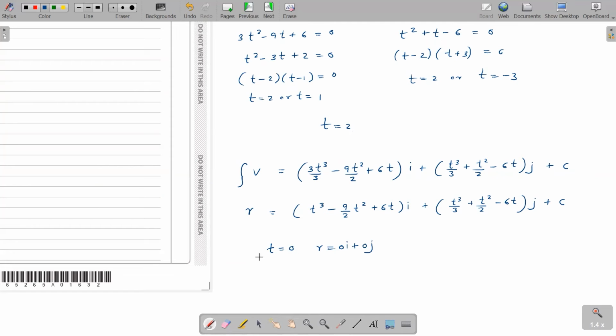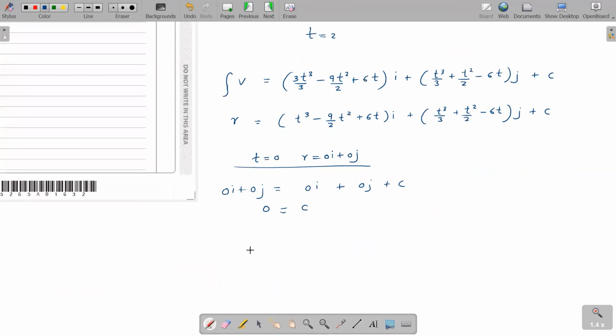Are you with me? Let's substitute 0i, 0j. And when you replace t with 0 here, this is all becoming 0i, and everything becomes 0j plus c. Basically, your c is 0, which means the position vector is r equals (t cube minus 9 over 2 t square plus 6t) times i plus (t cube over 3 plus t square over 2 minus 6t) times j.